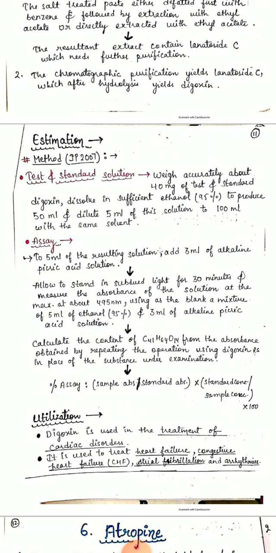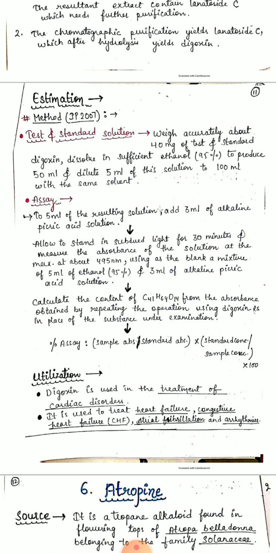For the assay method, we use 5 ml of the resulting solution and add 3 ml of alkaline picric acid solution. Then we allow it to stand in subdued light for 30 minutes and measure the absorption of the solution at the maximum, about 495 nanometer, using as a blank a mixture of 5 ml of 95% ethanol and 3 ml of alkaline picric acid solution.